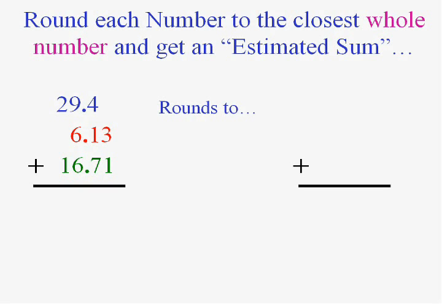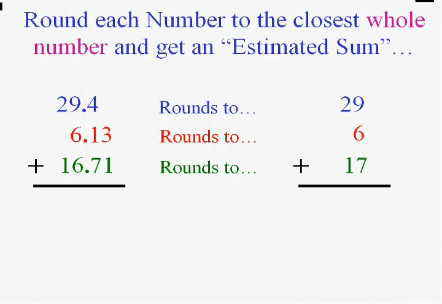29.4 to the nearest whole rounds to 29, easier to deal with. 6.13 to the nearest whole rounds to 6. And 16.71 to the nearest whole. Of course, the 7 says to go up, so it's going to round to 17.